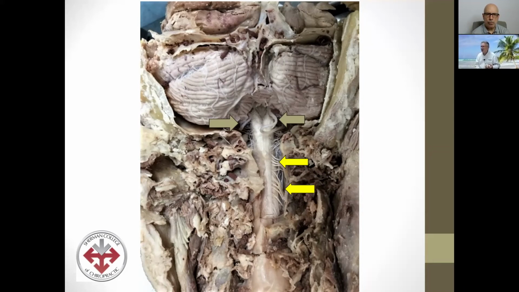So we can see not only problems associated with pressure on the brainstem and affecting the vagus nerve, but potentially affecting the perfusion to the brain through the vertebral arteries. And again, we've seen evidence of that on MRI films. It's very exciting stuff.